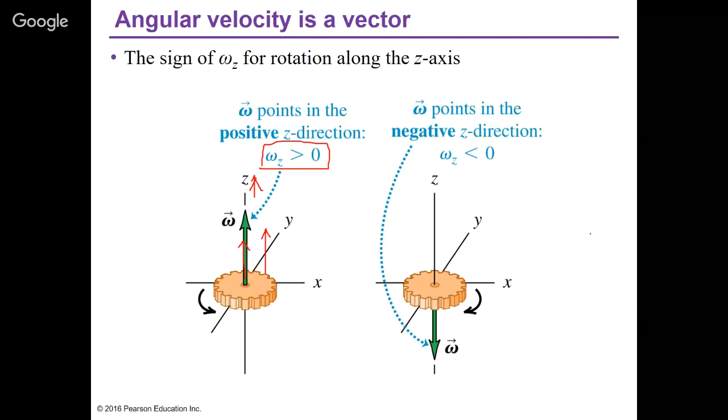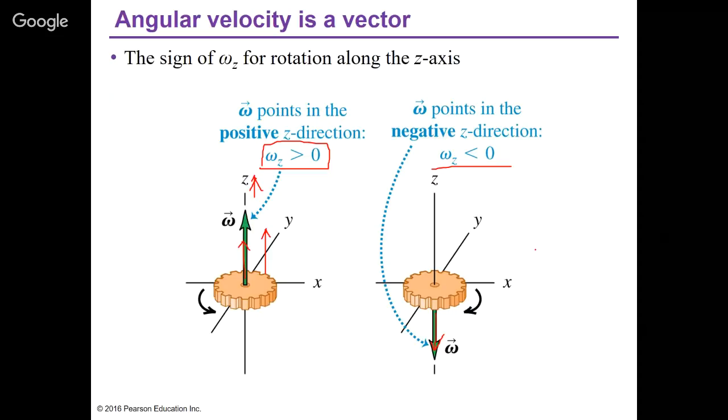In the other case, if this angular velocity is pointing in the negative z direction, then omega z would be a negative value.